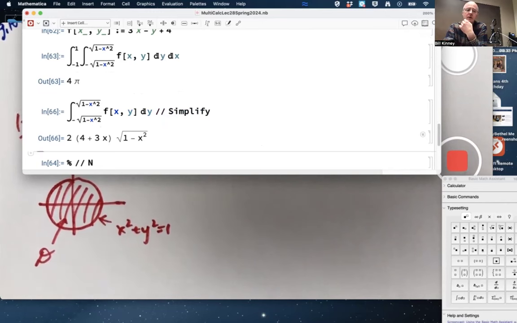In this particular example, it wouldn't be too hard because I'm noticing a 1 minus x squared there and a linear function of x there. That still would be tricky. I mean, you could try a substitution, let u equal 1 minus x squared. du would be negative 2x dx. That would be good for this part, but not so good for the plus 4 there.